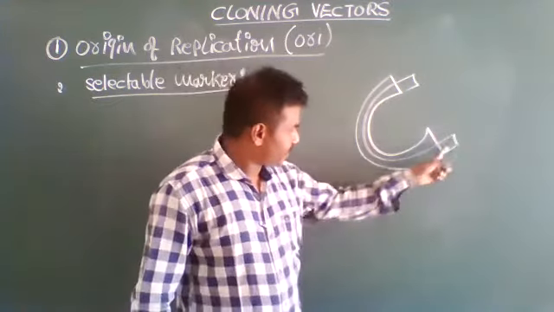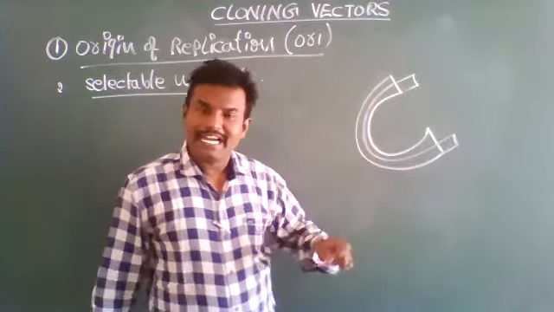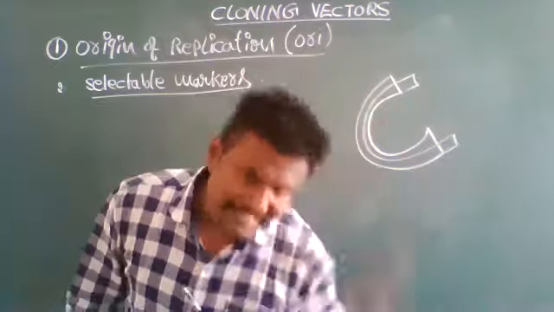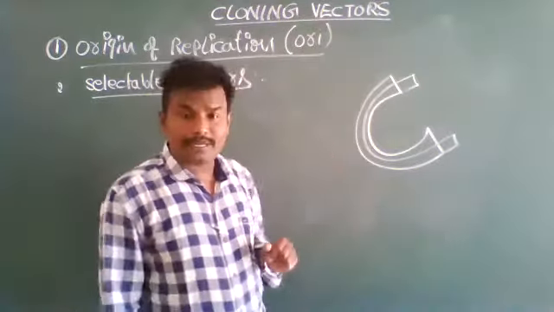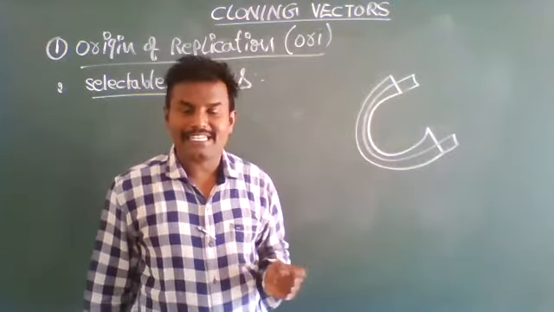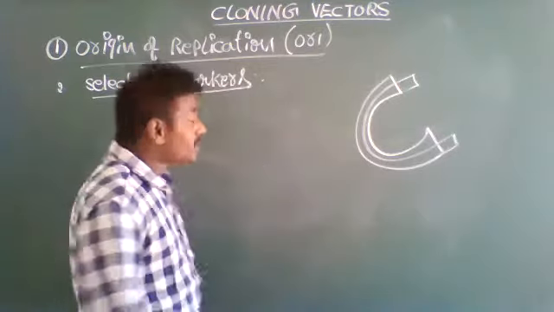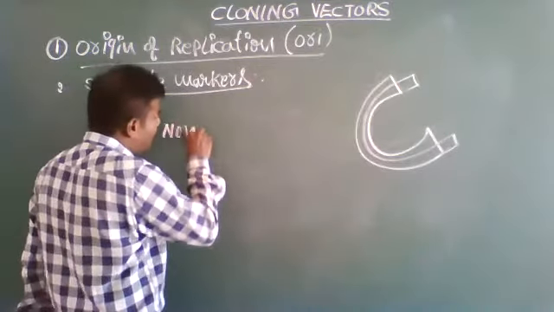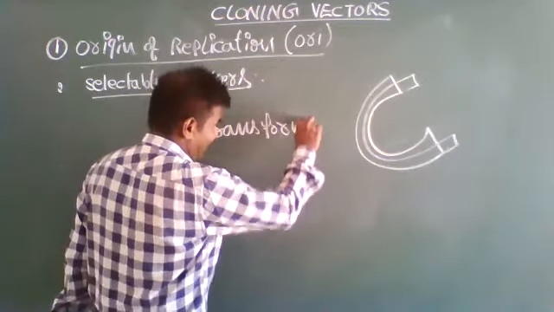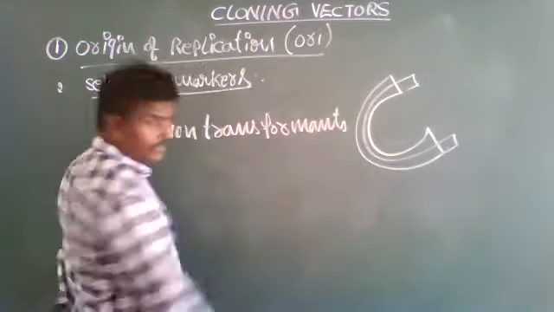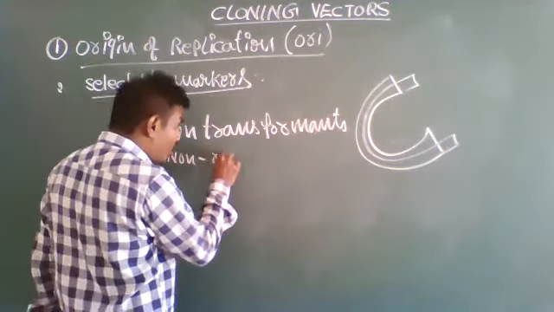In this plasmid, used as a vector, selectable markers are automatically present. Specifically, we need to bring and put them in. Those selectable markers can selectively identify and eliminate non-transformants, which are nothing but non-recombinants.